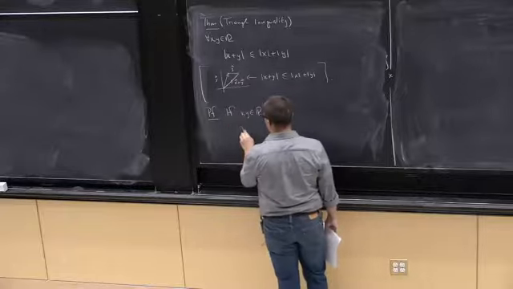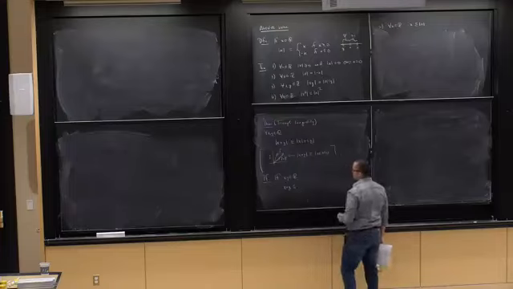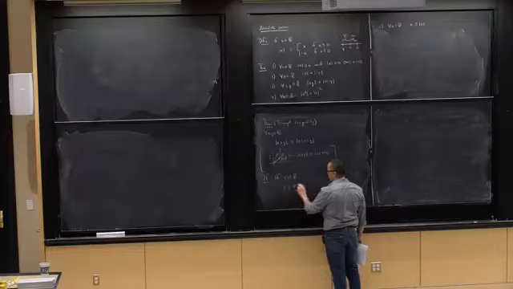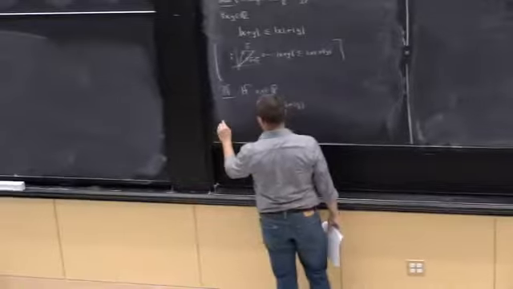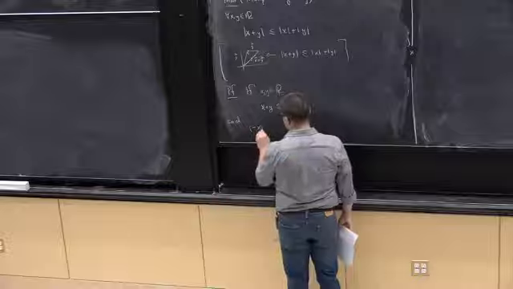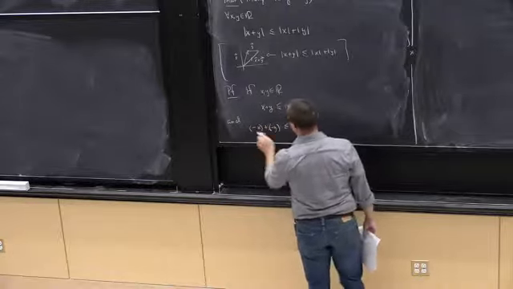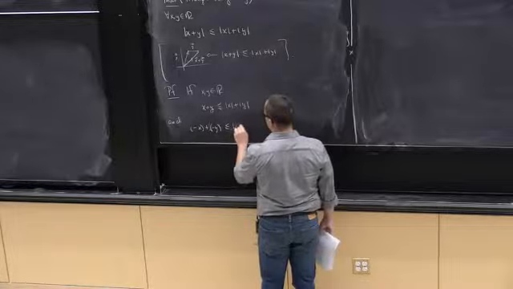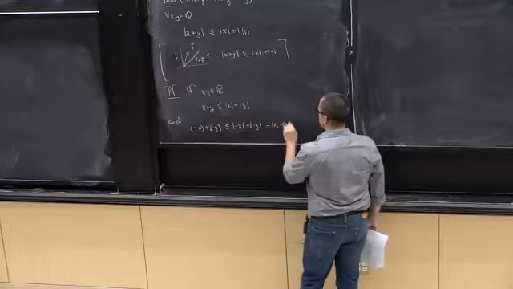If x and y are in R, then clearly by property number 6, x is less than or equal to the absolute value of x, and y is less than or equal to the absolute value of y. So their sum is less than or equal to the absolute value of x plus the absolute value of y. And not only that, I can replace x by minus x, and I get minus x plus minus y is less than or equal to the absolute value of minus x plus the absolute value of minus y, but this is just the absolute value of x plus the absolute value of y.